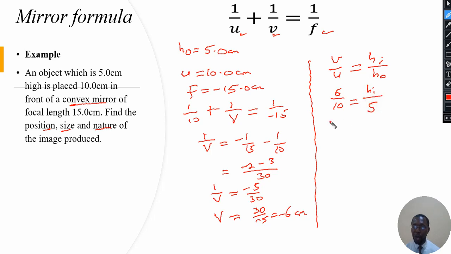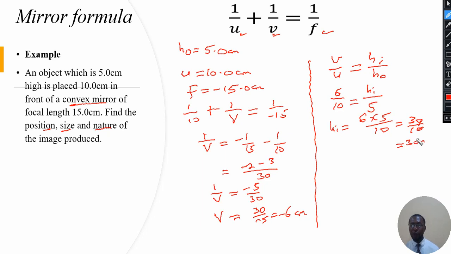Now if you make h_i, the image height, the subject of the formula, you'll have 6 times 5 over 10. And that will give us 30 over 10, which is 3 centimeters. Wow.